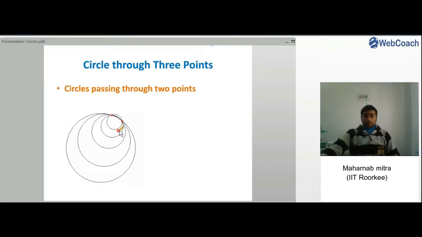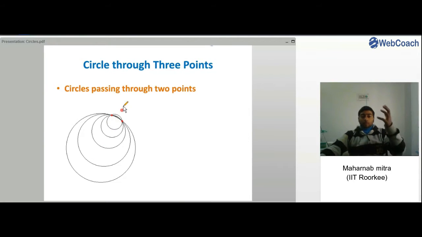So circles passing through 2 points: if you try, you will again find out that there are infinitely many circles as well. Like if you draw one circle and consider 2 points and try to draw circles through these 2 points only, you can draw bigger and bigger circles passing through only these 2 points.